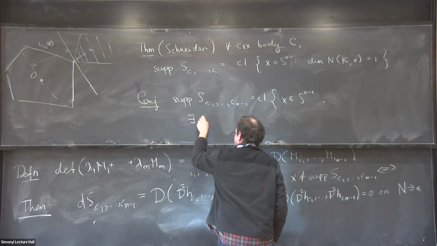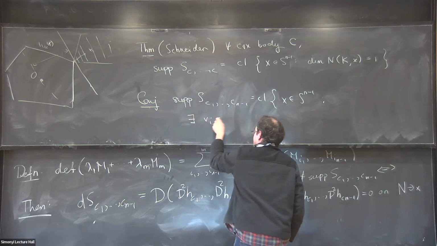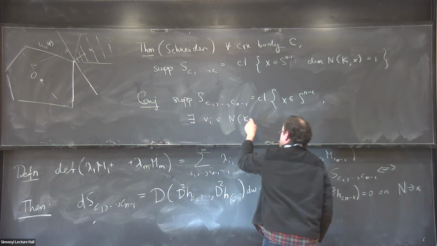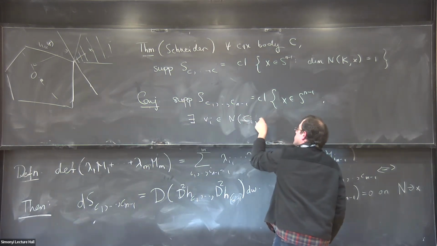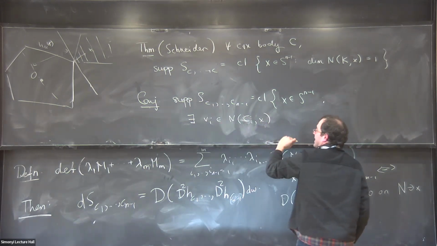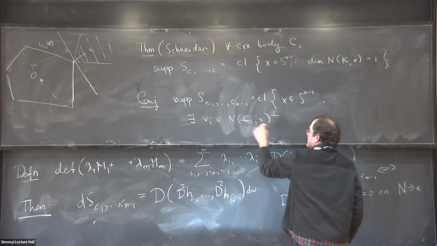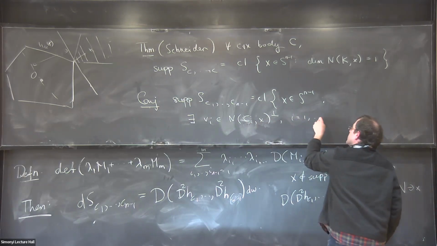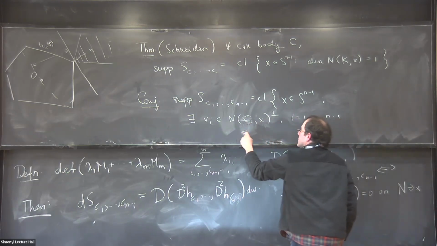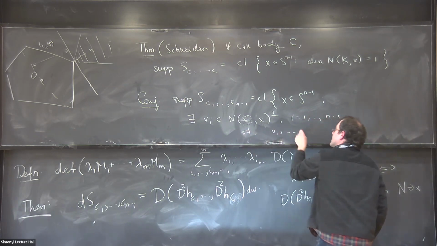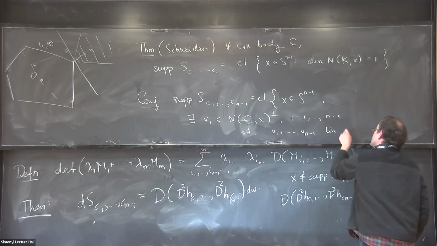There exists a vector vi that is orthogonal to the normal cone containing x for the body Ci, i from 1 to n minus 1, such that v1 to vn minus 1 are linearly independent.